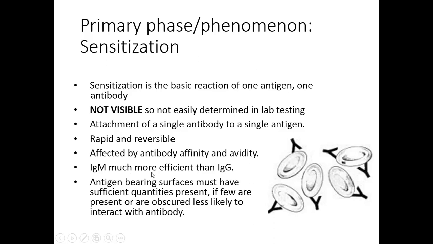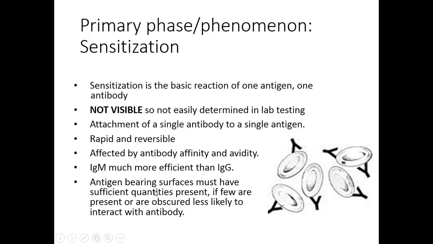IgM we're going to see is much more efficient in this than IgG because of that valency, right? That avidity, that strength of 10 bonds versus the strength of 1 is going to be much stronger. It's also going to be much more efficient. They say that IgM is 700 times more efficient than IgG in binding. So that's clearly much more efficient.